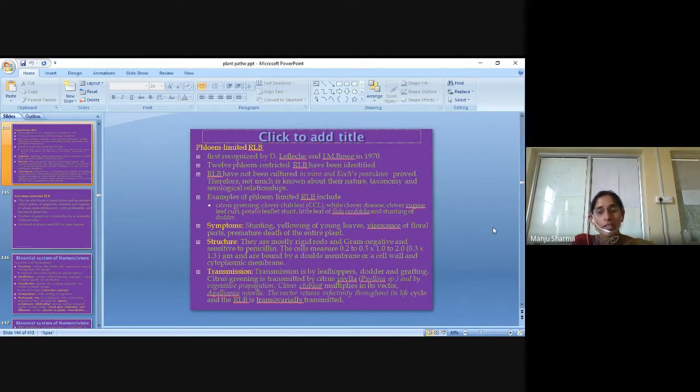Citrus greening is transmitted by citrus psylla and by vegetative propagation.